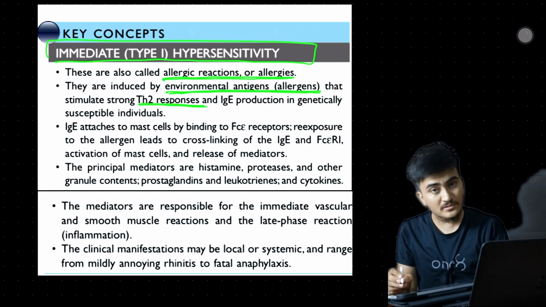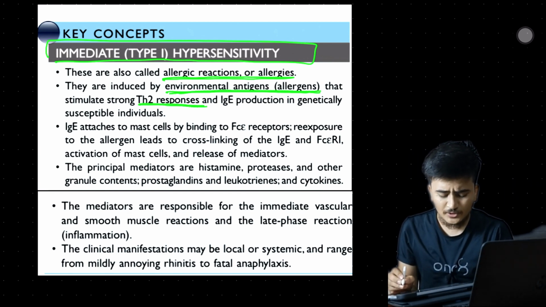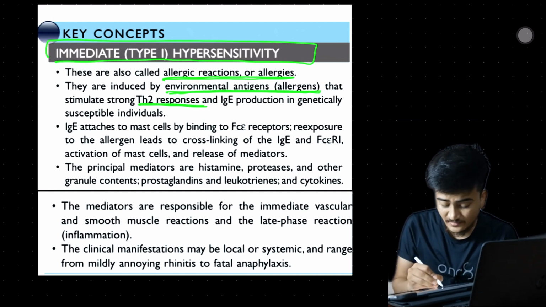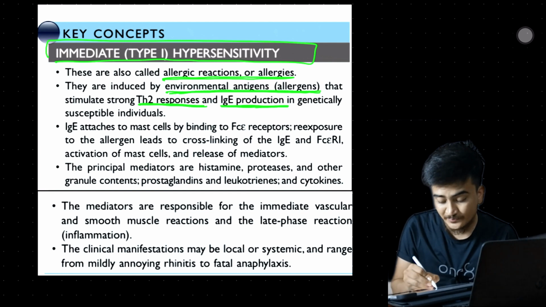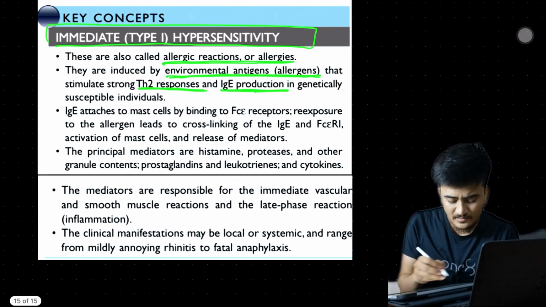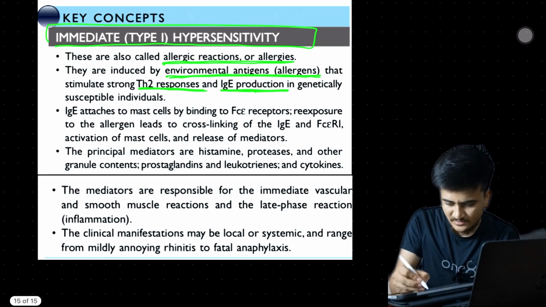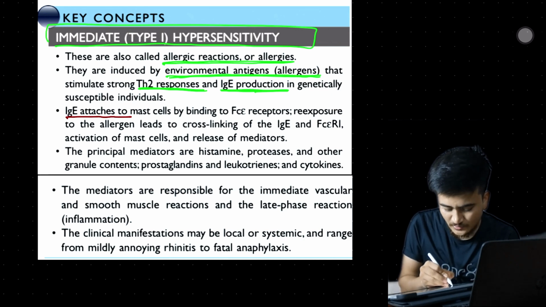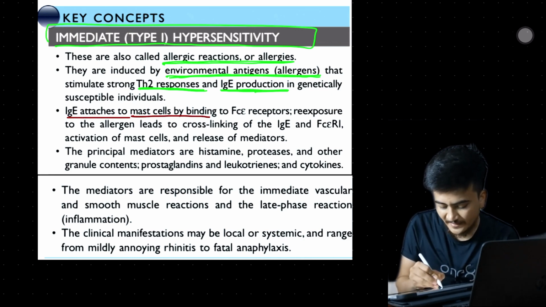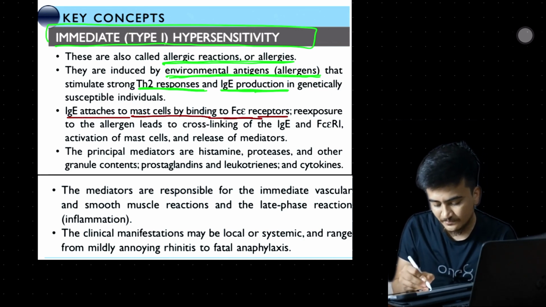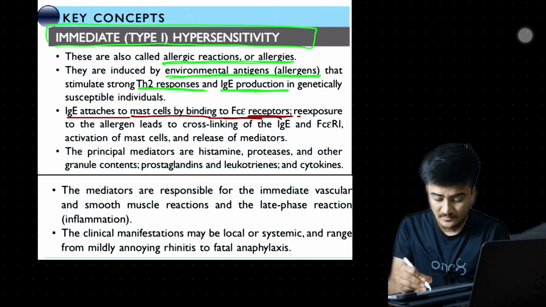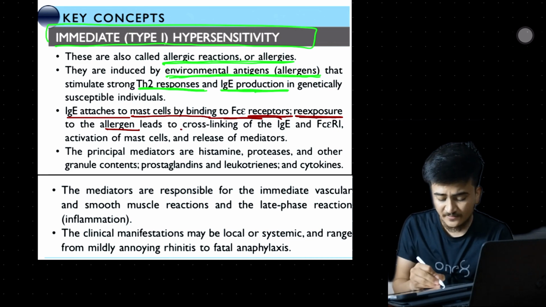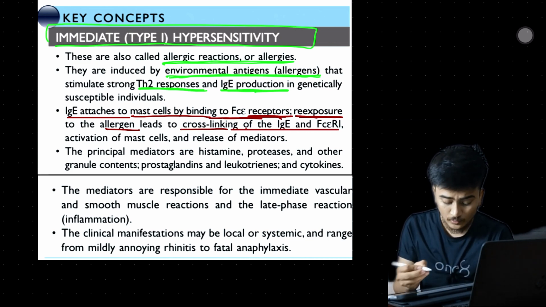T helper type 2 cells were stimulated, and that was causing what? IgE production, right? This IgE will attach to mast cells by binding to Fc epsilon receptors, right?